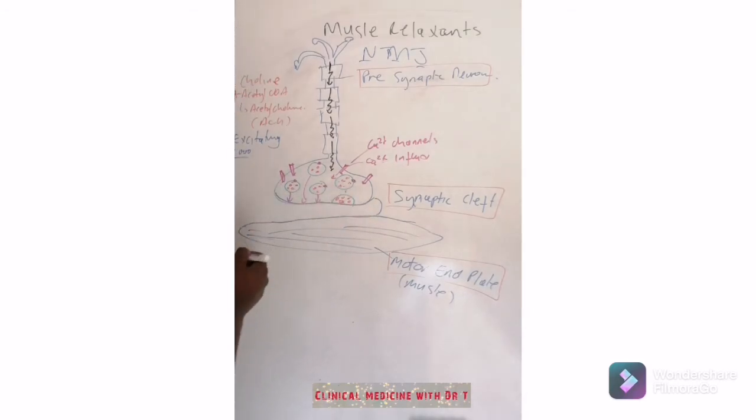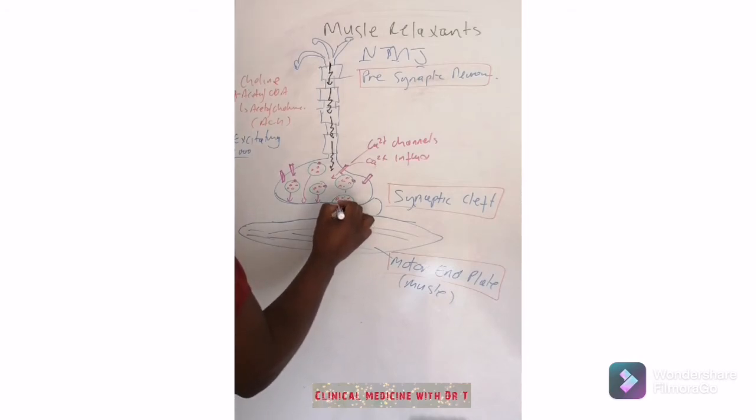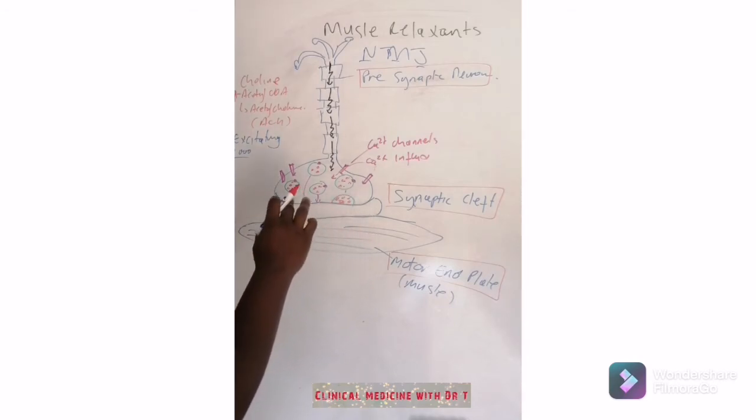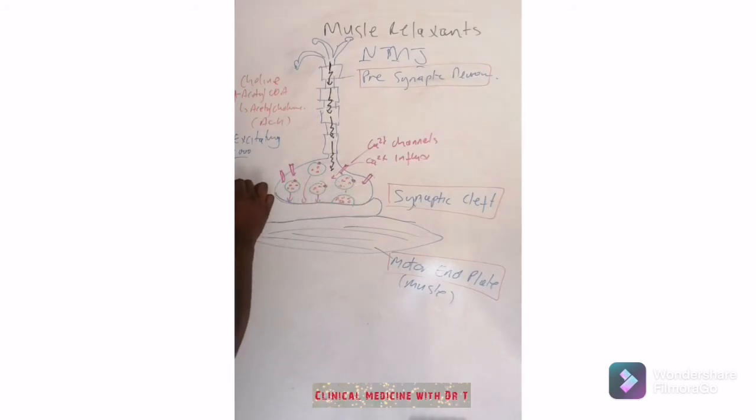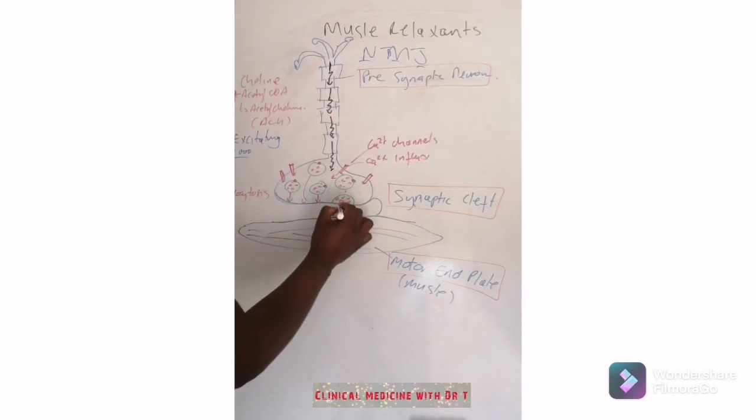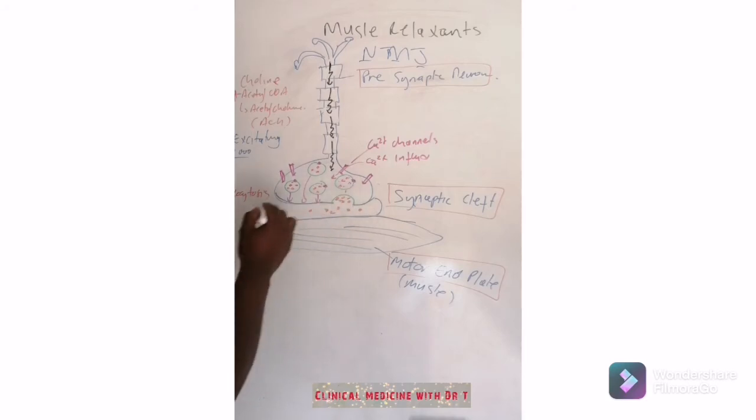When that happens, the acetylcholine molecules, by a process called exocytosis, end up being deposited into the synaptic cleft.